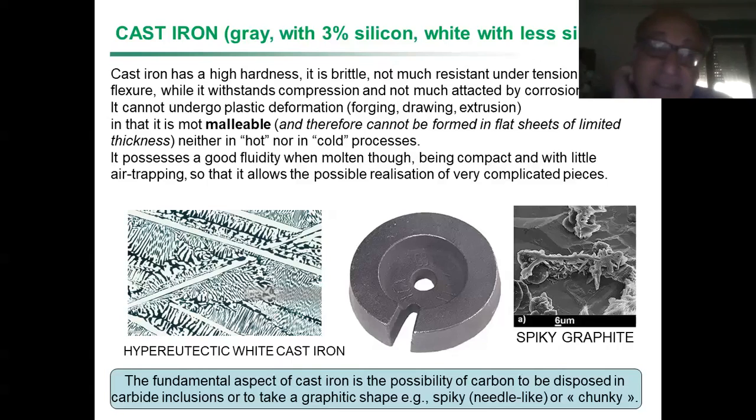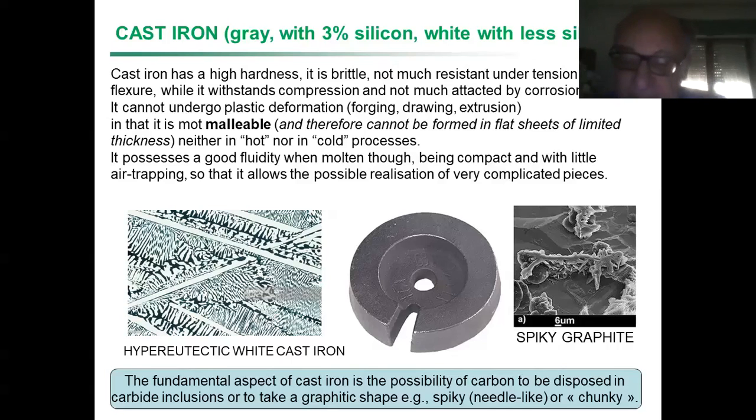And the characteristic is that it is very fluid. It is reasonably fluid when molten, and not only do you have fluidity, but you have also a compactness, which allows you, in fact, to make these complicated pieces.